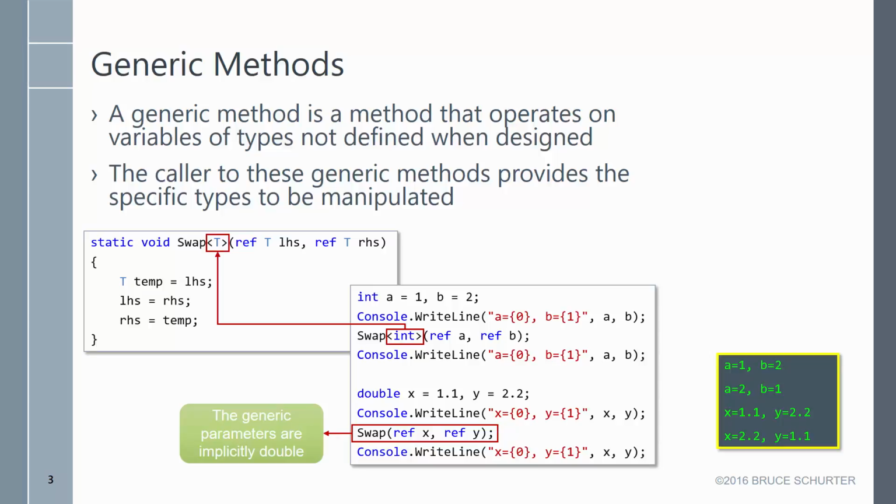It may be called something like swap backtick, the key next to the 1 on your keyboard where the tilde is. So it'll be called swap tick 1 for the int version, and then maybe swap tick 2 for the double version. And those are compiled in your code, and you can see them if you were to use the IL disassembler.